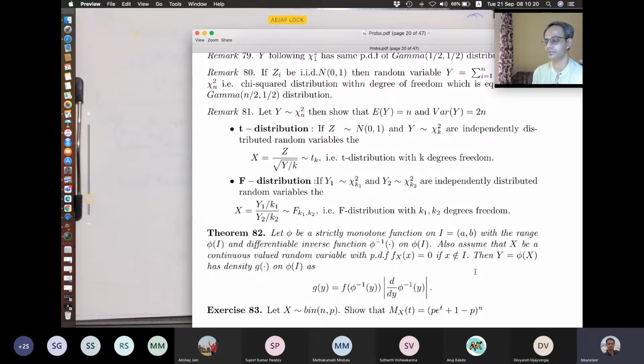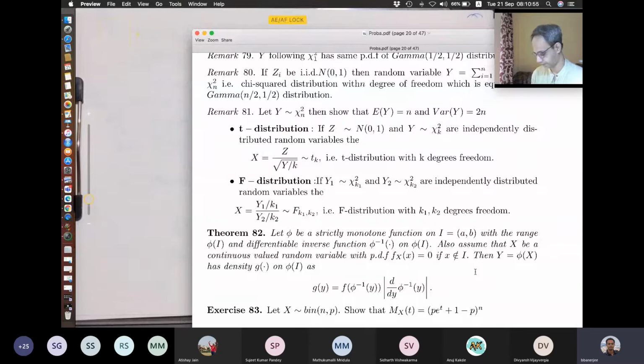You have to handle these two cases separately, but at the end of the day you will come up with the same expression. Whether it is increasing or decreasing, it doesn't matter. The density of Y is f of phi inverse y, times the derivative of the inverse function with absolute value.